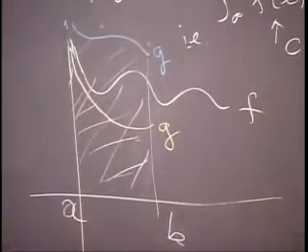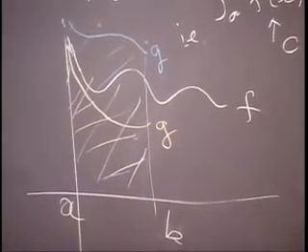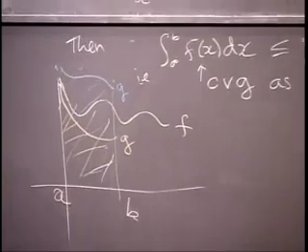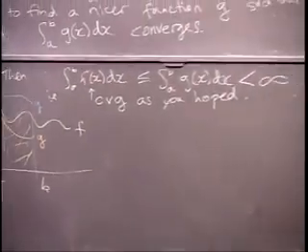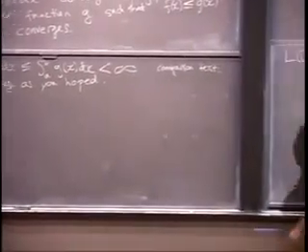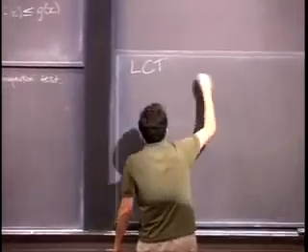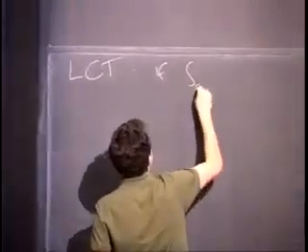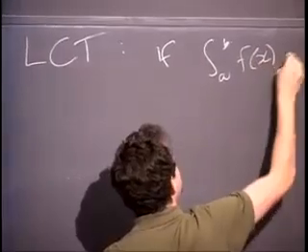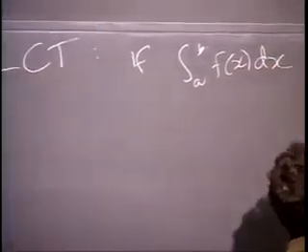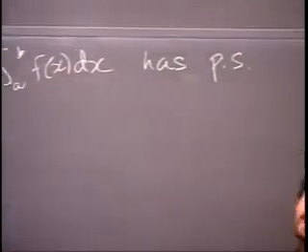Let me quickly remind you about the limit comparison test, the p-test. So, limit comparison test, which I'll always call LCT, because I don't want to write out 3 words. If the integral from a to b of f of x has a problem spot, and remember, for our intents and purposes, a problem spot is basically a vertical asymptote, or the number infinity or minus infinity.